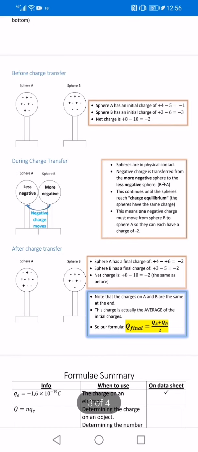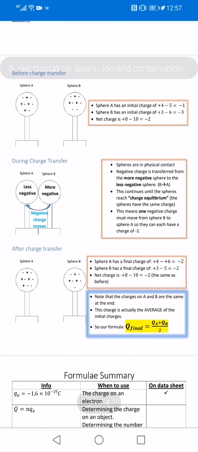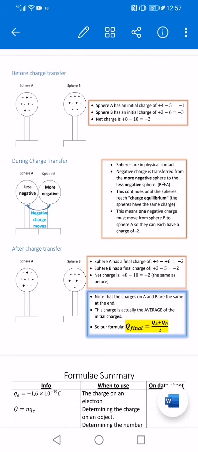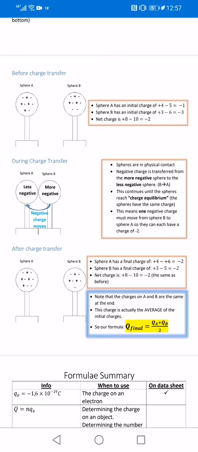Now, I've got my two spheres. I'm going to bring them into contact and pull them apart again, and we're going to look at what's actually going on. Before we transfer charge, sphere A has an initial charge. We count the little pluses and minuses. Sphere A has an initial charge of -1, because I've got 4 pluses and 5 minuses.